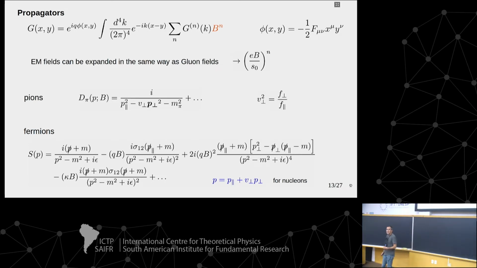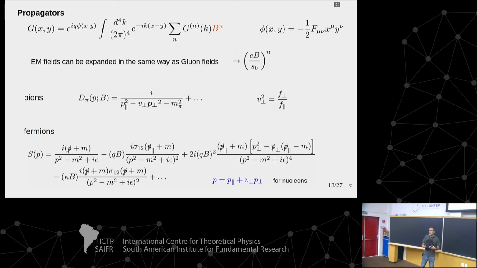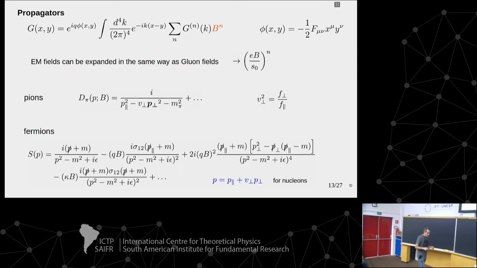For example, at finite temperatures, the appearance of extra energy density of the gluon fields will break this. It's the terms of logs over s squared.